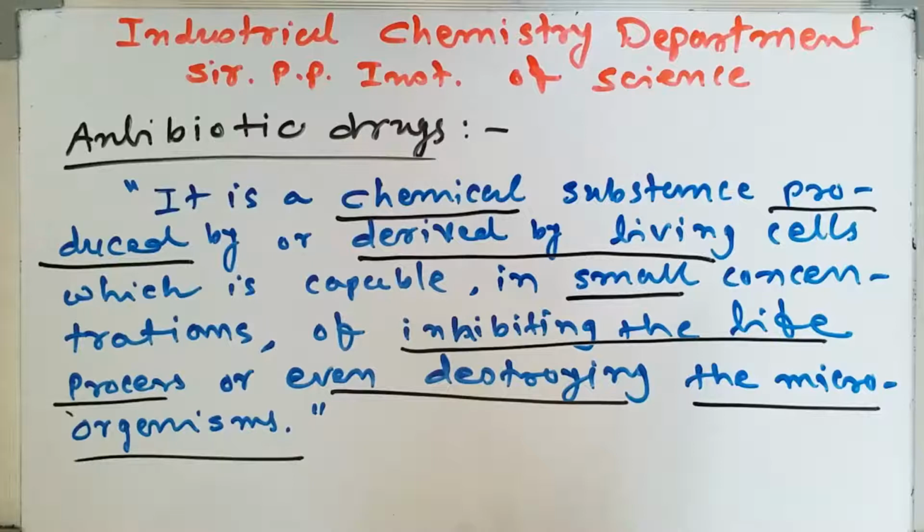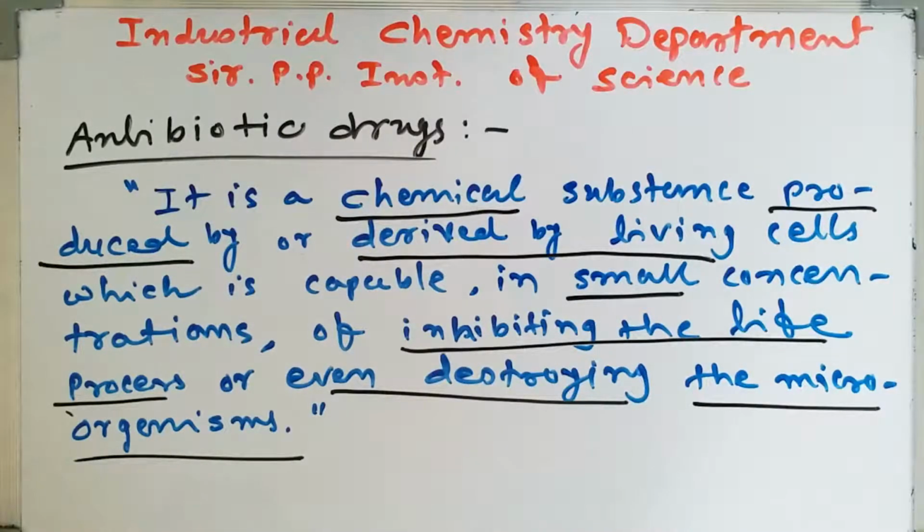So in modern time we see an antibiotic is a chemical substance produced by or derived from living cells, capable in small concentration of inhibiting the life process or even destroying the microorganisms.